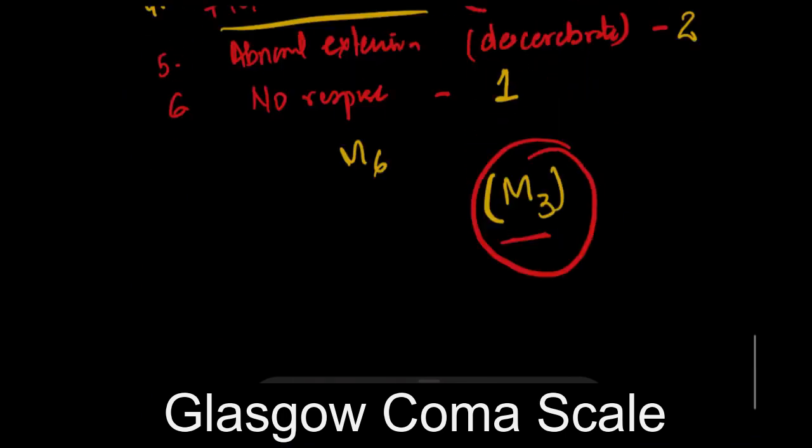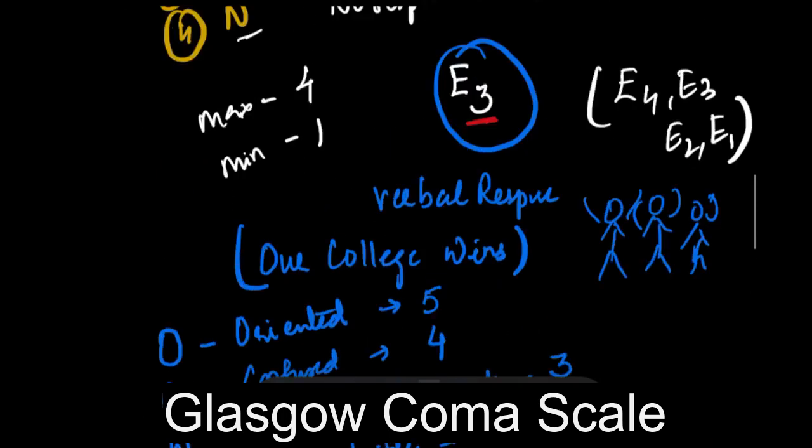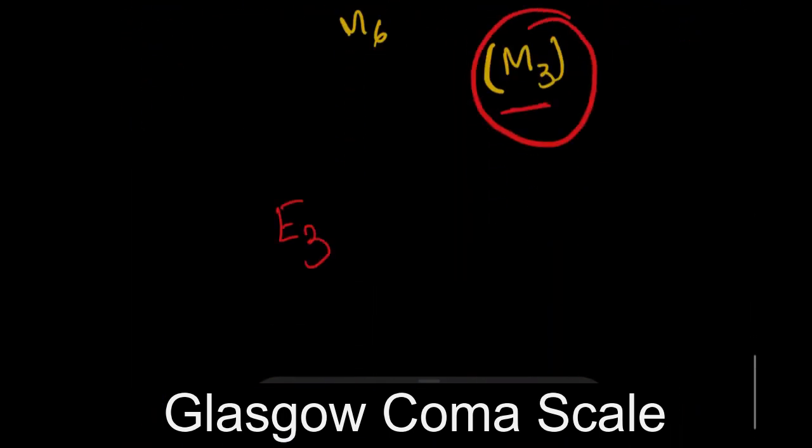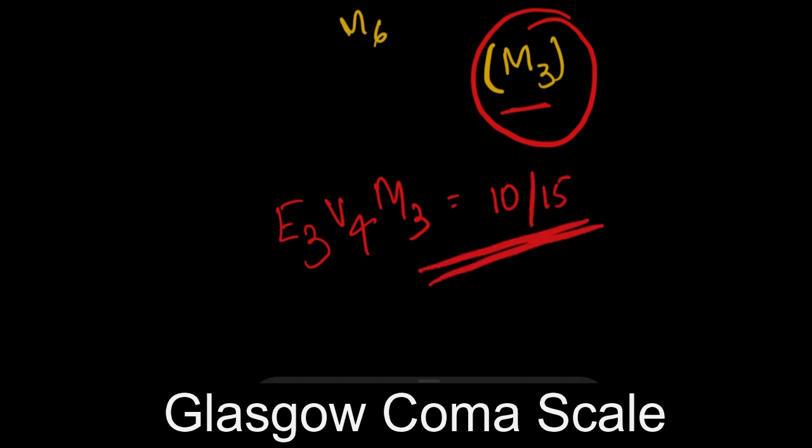Then we will give a score like this: E3, V4, M3. If we total it, 3 plus 4 is 7, 7 plus 3 is 10. So out of 15, the total score which came out is 10.